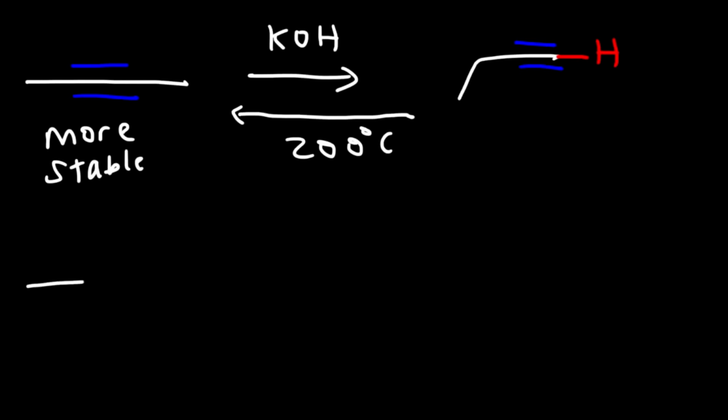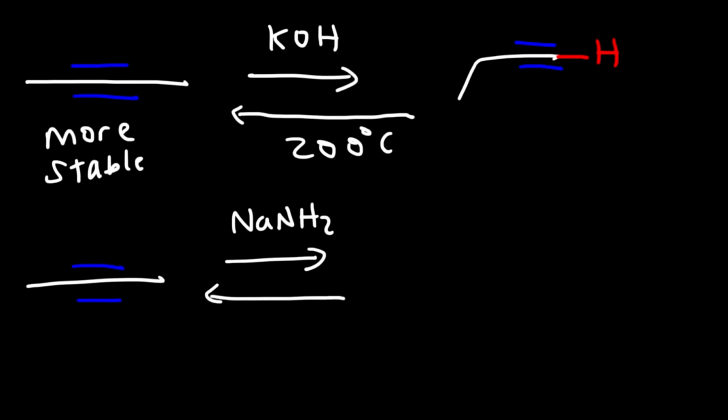Now, when using sodium amide, the same thing is going to happen. These two reactions are still reversible, with the internal alkyne being more favorable, even with NaNH2.